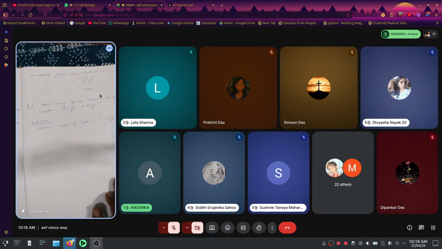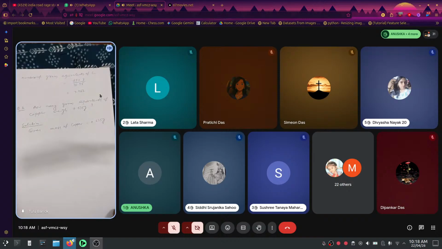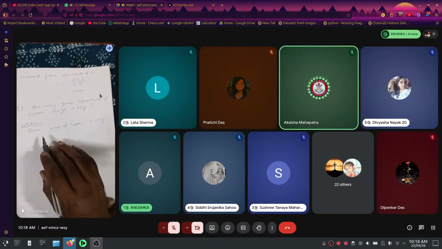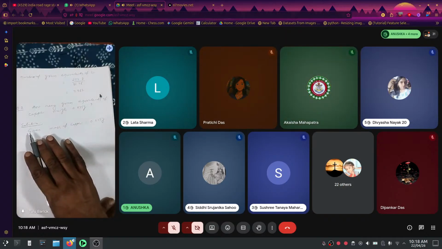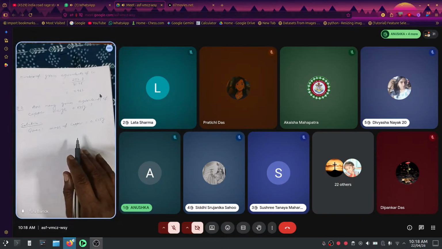I'll tell you the formula. Note down please: how many gram equivalents of copper weigh 0.635 gram? There is a formula to find out the number of gram equivalents: given mass of the substance divided by equivalent mass of the substance.